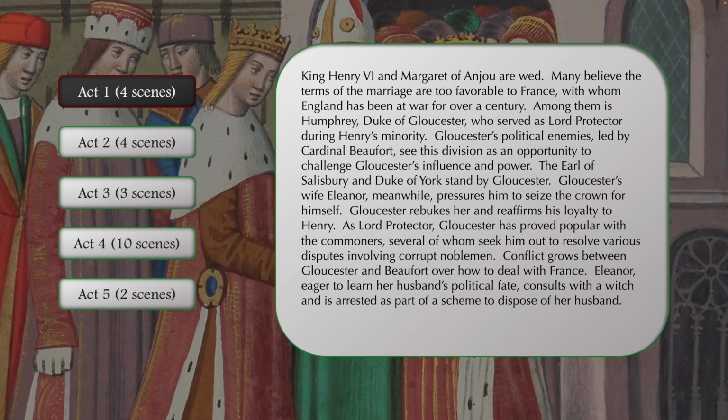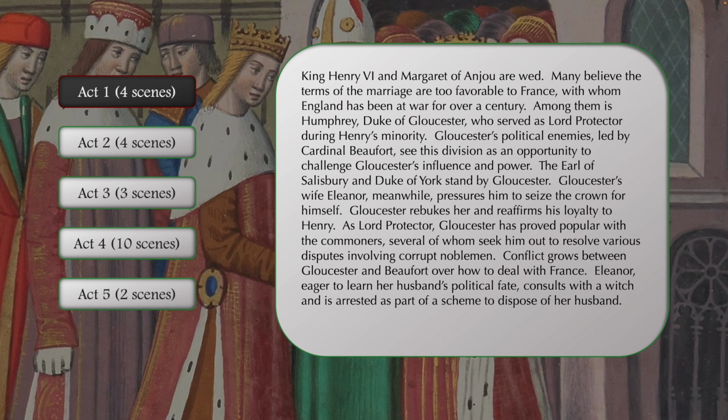Gloucester has proved quite popular with the commoners of England, and this is shown in a scene where several of them come. They seek him out to resolve various disputes. And it's interesting that many of those disputes involve corrupt nobility. Conflict grows between Gloucester and Beaufort over how to deal with France.